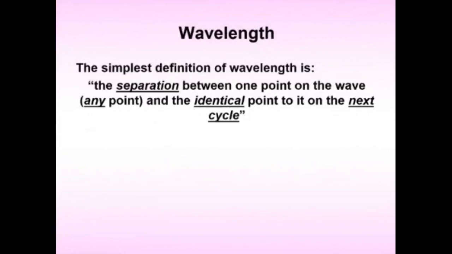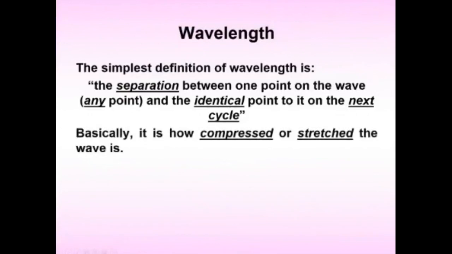It's from one point on the wave to another, and you have to go to the exact same identical point. If you start at one peak, you have to go to the next peak. If you start at one bottom, you have to go to the next bottom. You have to go back to the exact same nature of a point or location. As long as you go the same distance, it doesn't matter which point you pick. If you go two, that's two wavelengths. If you go half, that's half a wavelength, and so on.